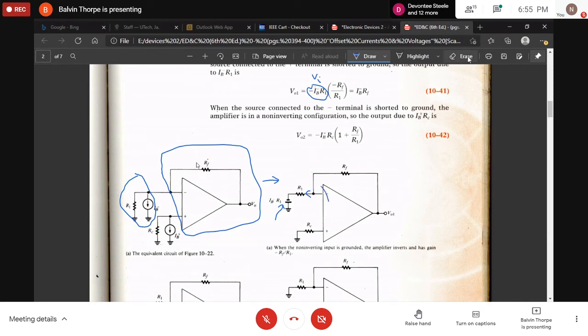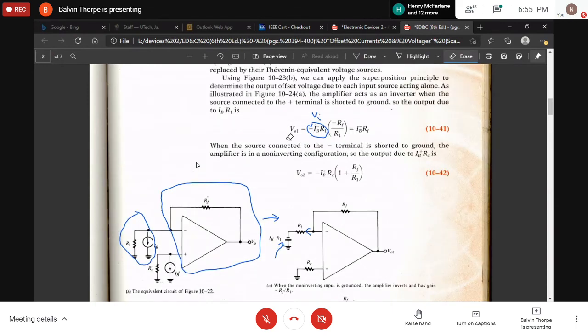You're going to realize that this is now an inverting amplifier. So VO1, the output voltage due to what's happening on this input, is this. Remember this, because it's going to be equation 1041.